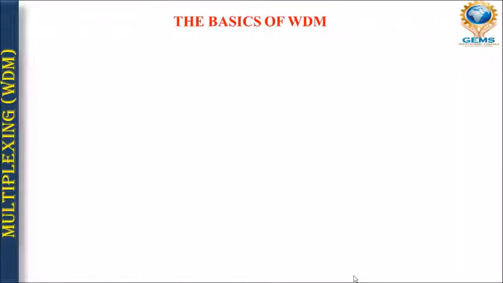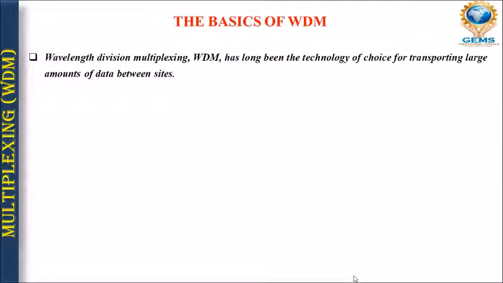Let's talk about some basic concepts of WDM. WDM has long been the technology of choice for transporting large amounts of data between two sides. Whenever a large amount of data has to be transferred from one place to another, the WDM concept is used.